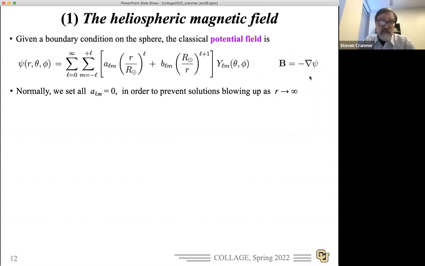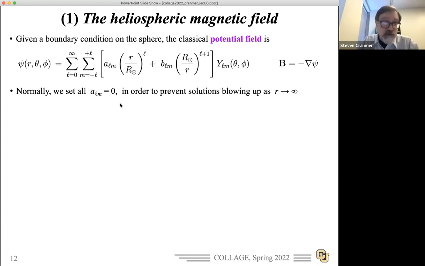Now, what we normally do is take that lower boundary condition on the sun, and that gives us what these A and B coefficients have to be in order to match the magnetic field at the surface. And then this solution tells us how it varies as you go above the surface.